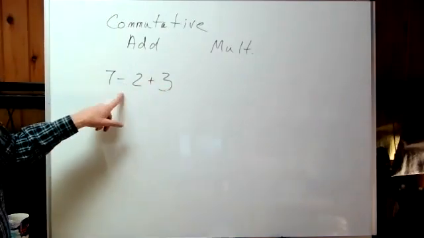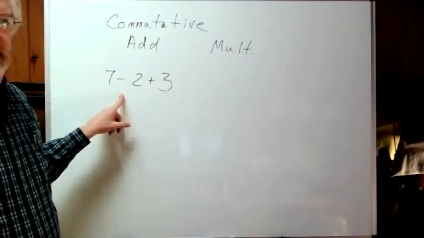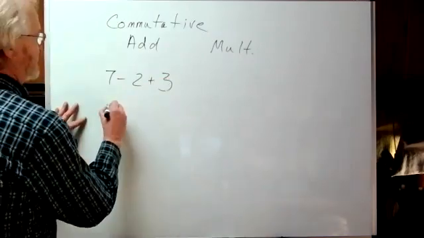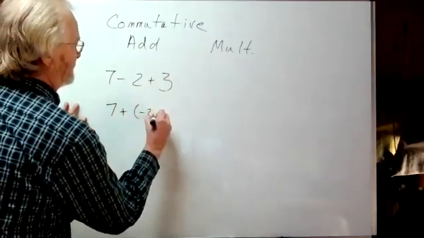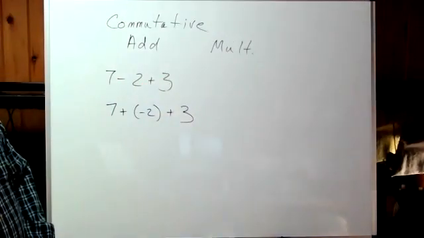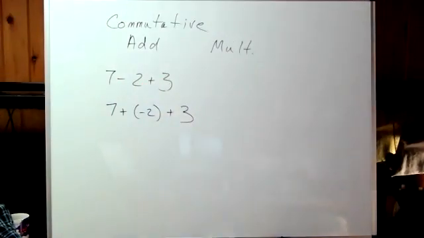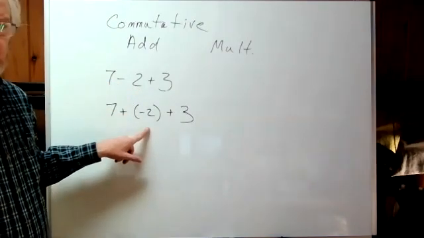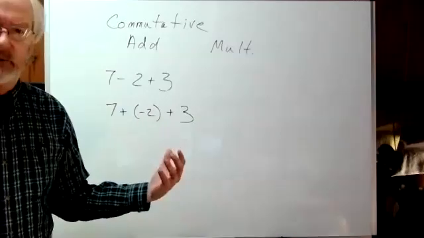Well, recall that we can always think of subtraction as adding negatives, adding the opposite. Some of you even prefer to write some of your answers like this. Everybody okay with that? So subtracting a 2 is really the same as adding a negative. Now I've just made it an addition problem.